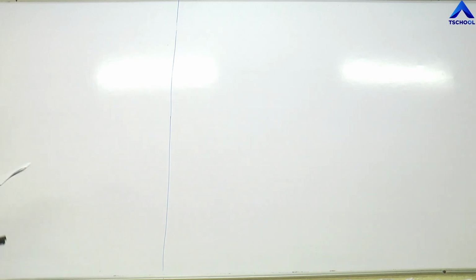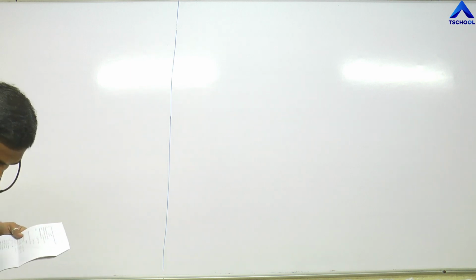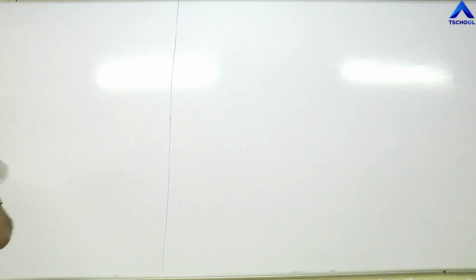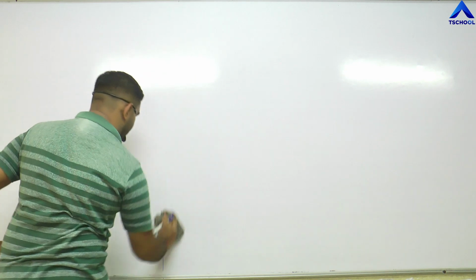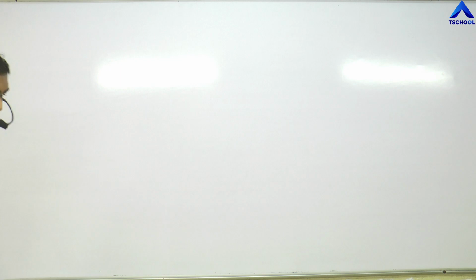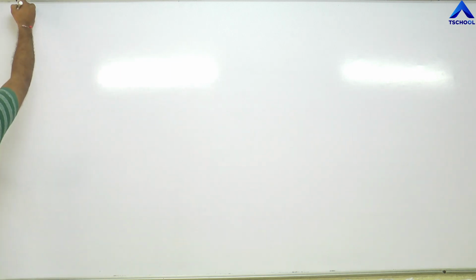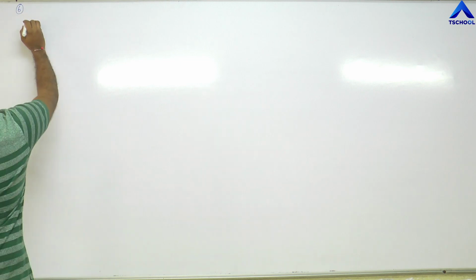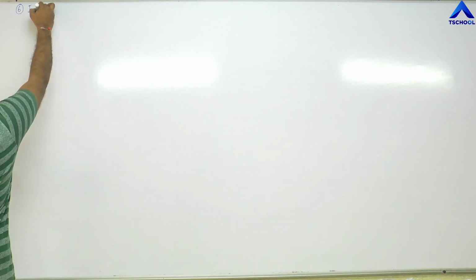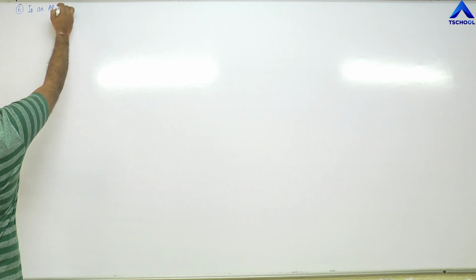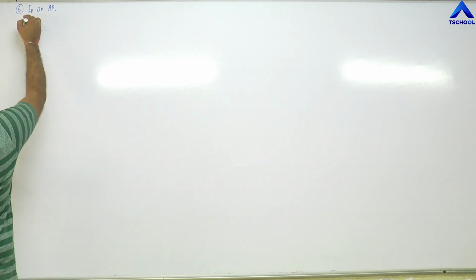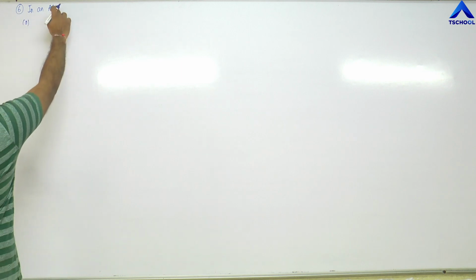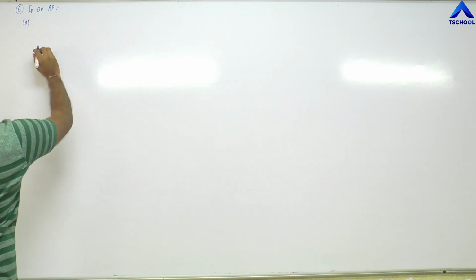Now I have a question here. These kinds of questions, see friends, are direct questions. Direct question simply means that you will be given the data directly and you just need to find the unknown thing. 6. In an AP, that means all these questions are for an AP.